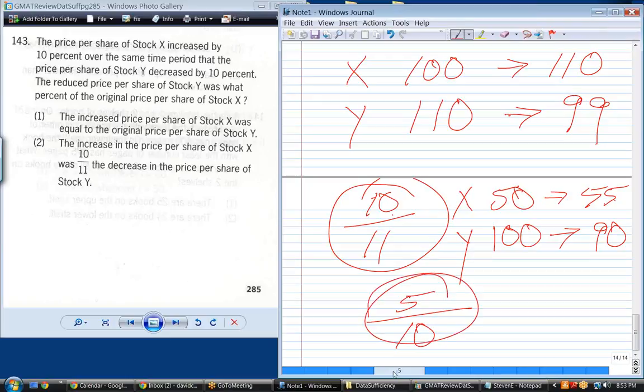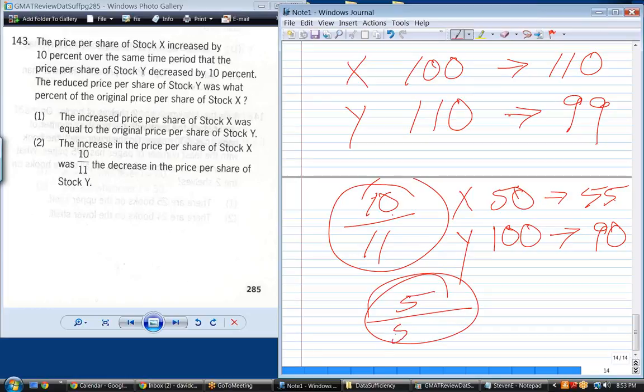Hold on a second. I have to make it 10/11ths. How do I make it 10/11ths? By making my denominator half of 11.